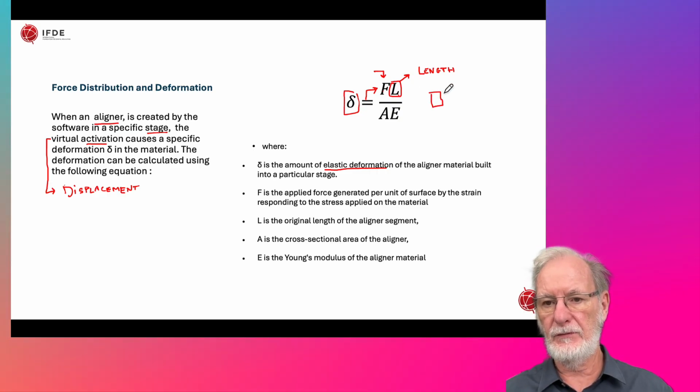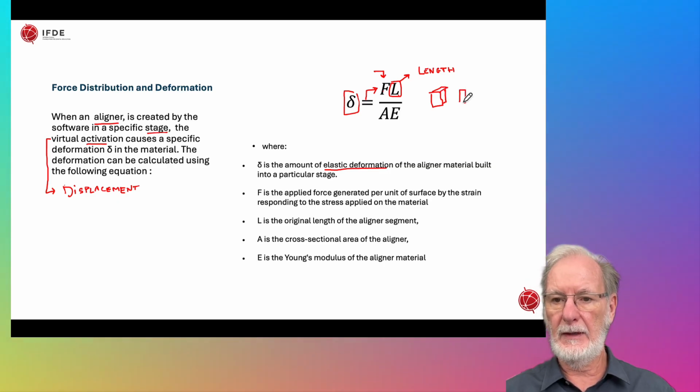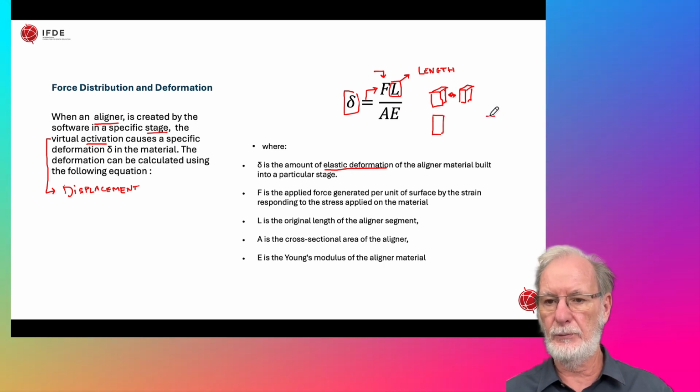So if you have attachments very close, where the elastic properties of the aligners cannot really be expressed because of the proximity of these attachments right here, you will get less movement or less deformation than if you have the same concept and you push the attachments at a different distance, and you will get better deformation. So that's something you need to keep in mind when you design your appliances.